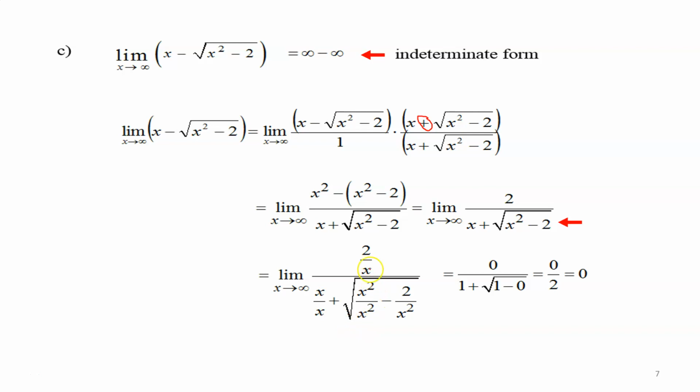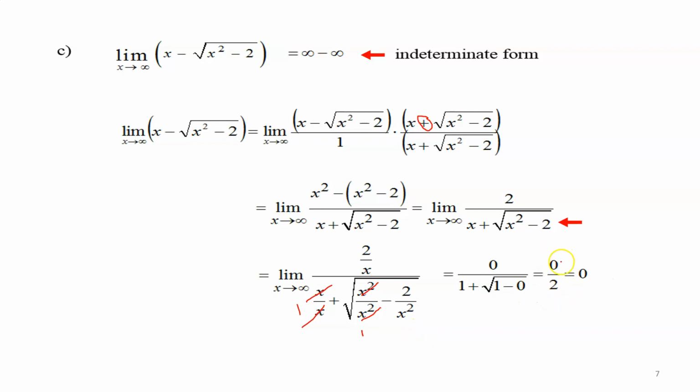Okay, then you're going to solve this one. After you get this, you see you have 2 over infinity. You can substitute it with this value. 2 over infinity, you get 0. This one and this one can cancel out. This one becomes 1. This one also becomes 1. This one becomes 2 over infinity, you get 0.